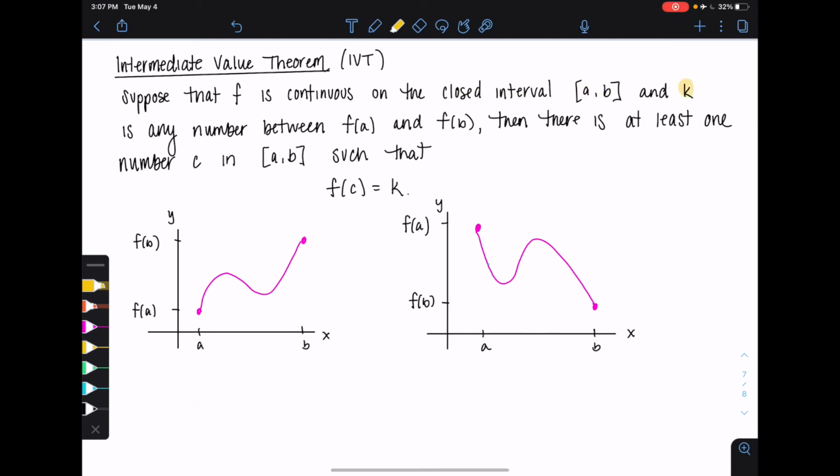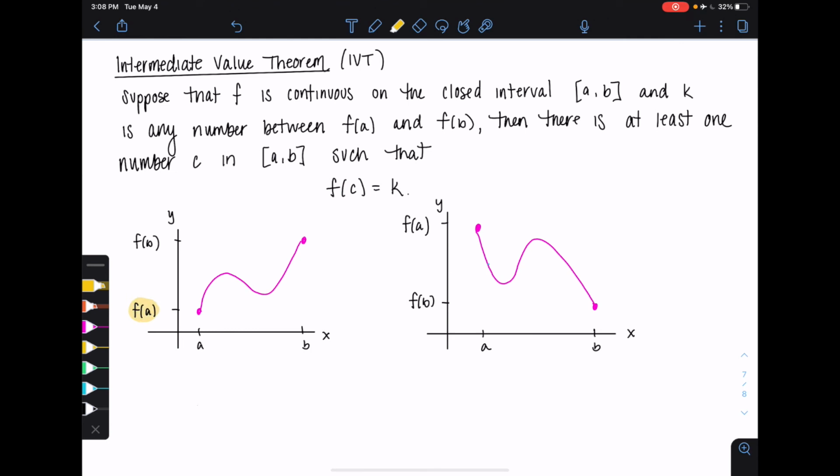So we're going to let k be some number between those values. We are guaranteed then that there is a number c inside this interval, so the output of our function is exactly equal to k. So that's definitely hard to take in just verbally. Graphically, it's going to be a little bit easier. Suppose this is our function, f of x.